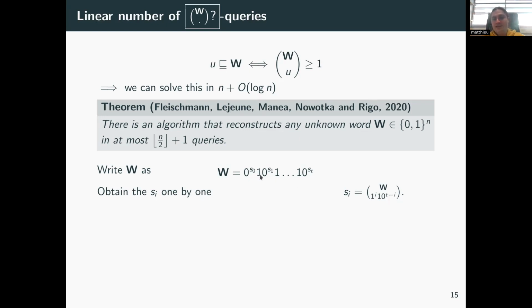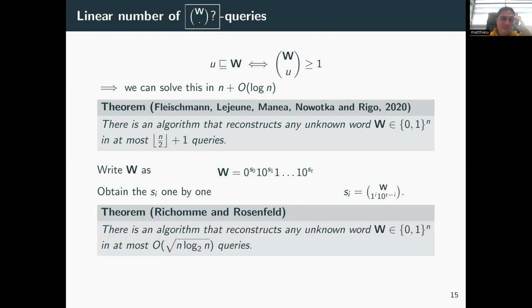Each of the 1s is forced to synchronize with the t occurrences of 1 in this word when I'm trying to find it as a subword, which means that the 0 in the middle has to synchronize with one of these blocks of 0. So the number of occurrences of this subword is going to be exactly s_i.